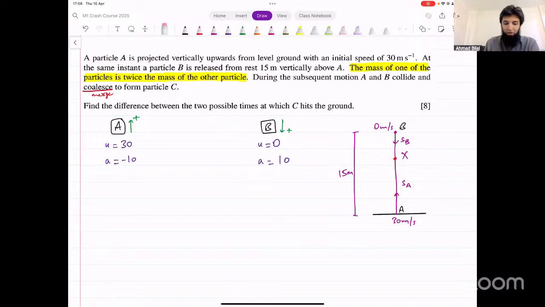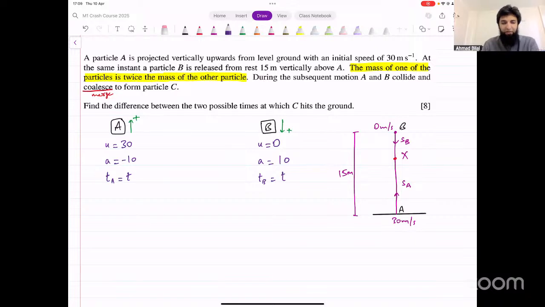We can use time as another variable. If the time for A is t, then the time taken for B to reach that point X is also t. Time is common because they started at the same instant, and until the point of collision, it takes the same time for both of them. That's why they're colliding. They're reaching that same point at the same instant.